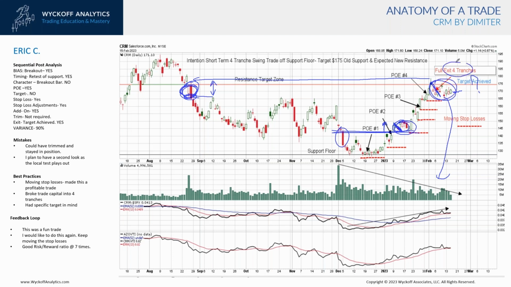Because exiting all of the four tranches, what is my question here is, what is the reason, Eric? Okay, so looking at what happens here, we come up and we do slightly upthrust the area that Eric has marked as resistance. But then what is the reaction, as you point out?